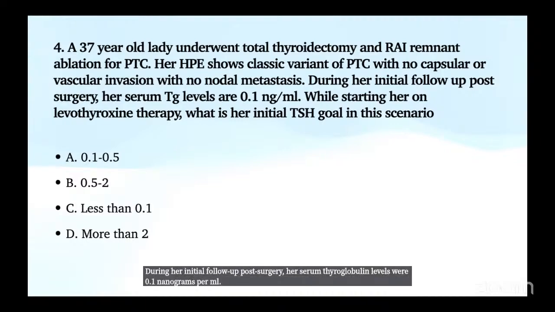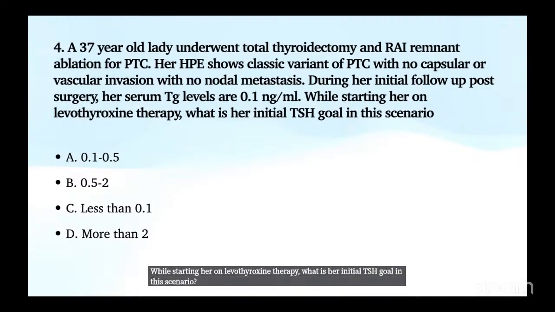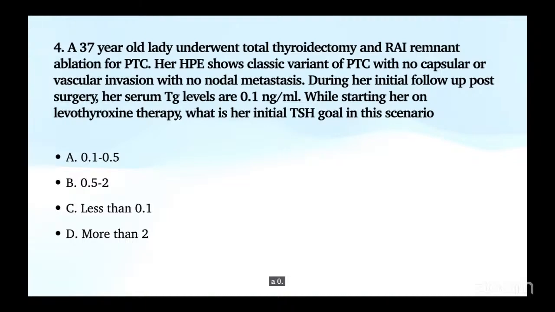While starting her on levothyroxine therapy, what is her initial TSH goal in this scenario? A. 0.1 to 0.5. B. 0.5 to 2. C. Less than 0.1. D. More than 2. Next, ma'am.